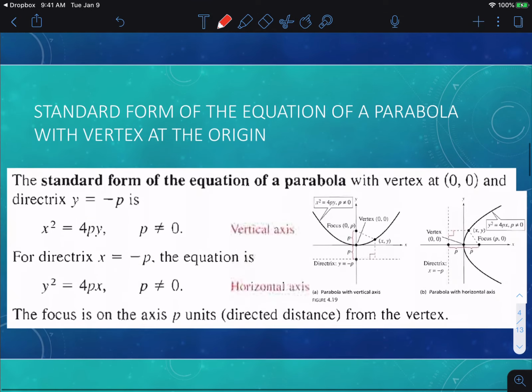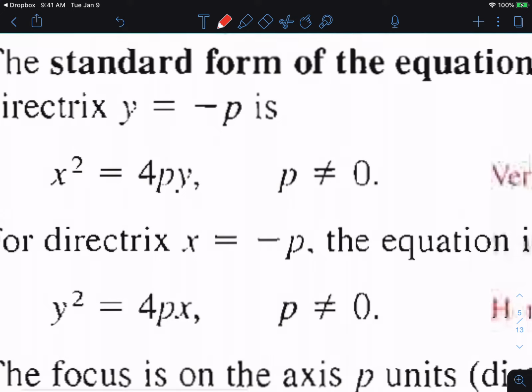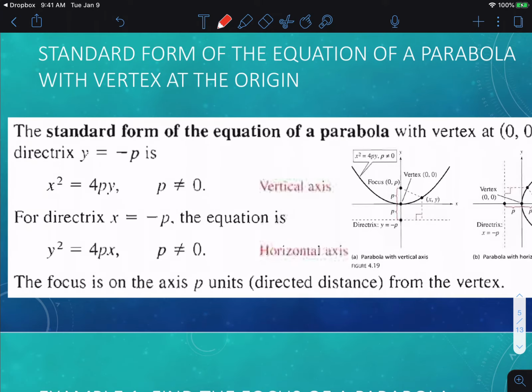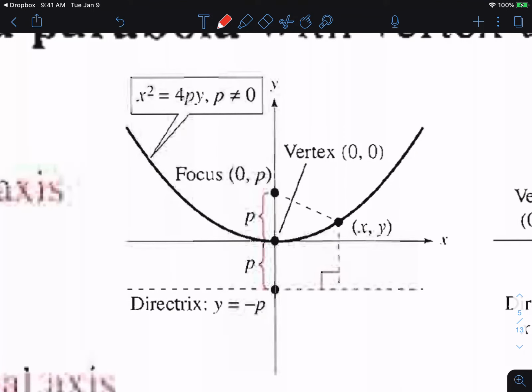Now, if we go on and talk about the standard form of the equation of a parabola, this is what we get. The standard form of the equation of a parabola with a vertex at 0, 0, and a directrix y equals negative p is x squared equals 4py.